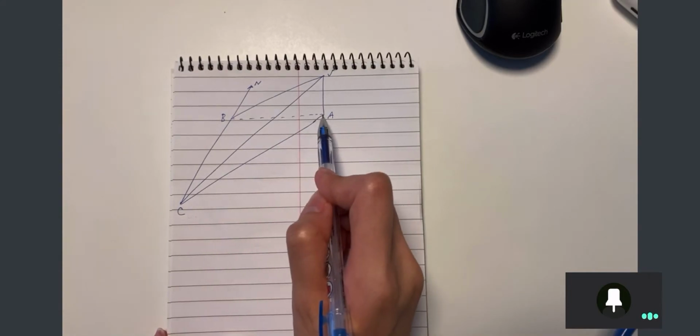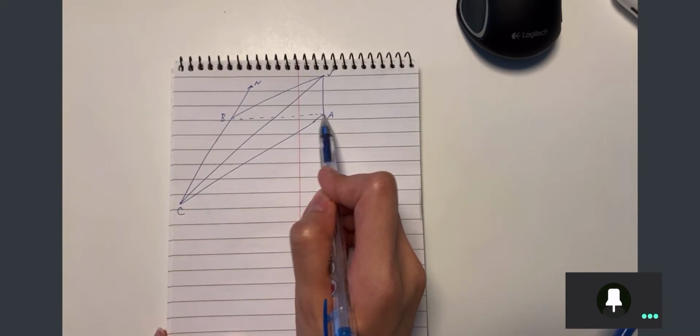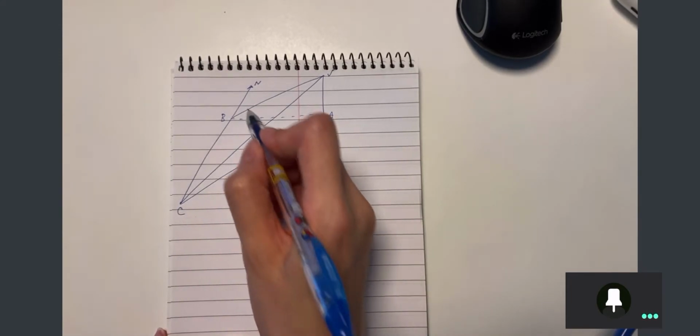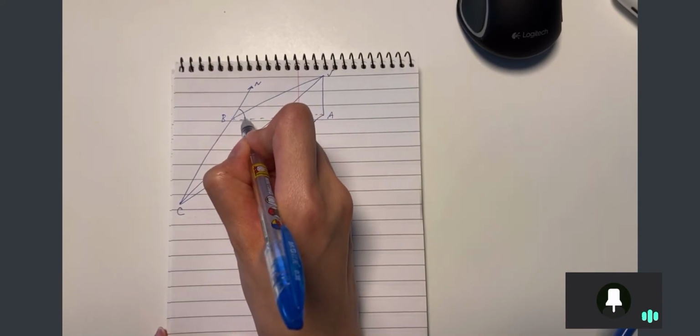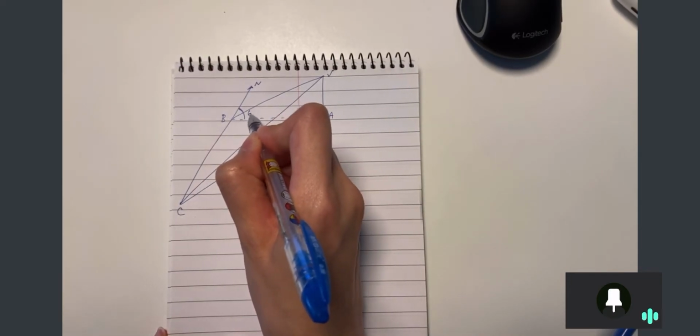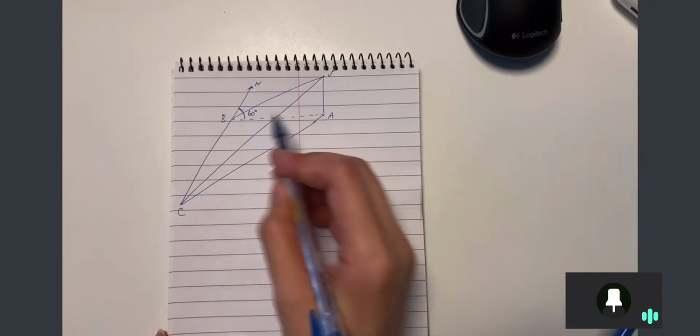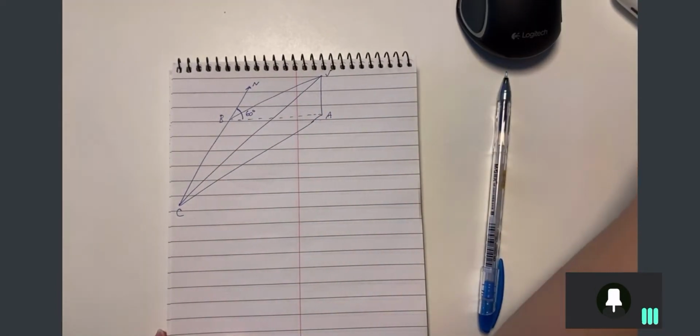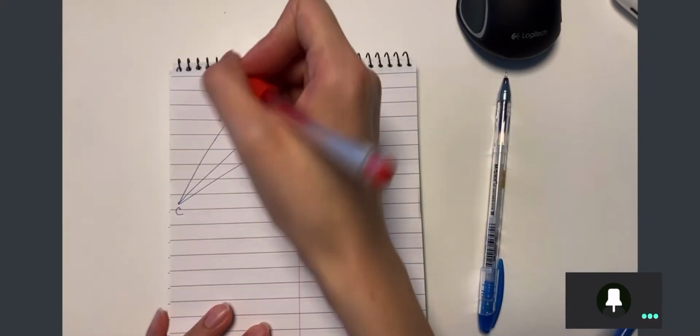So the given bearing from B to A, you have to imagine this is the angle 60. And then angle VBA, this angle, is 45.